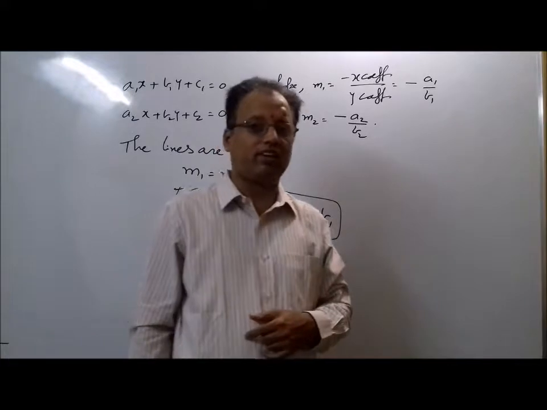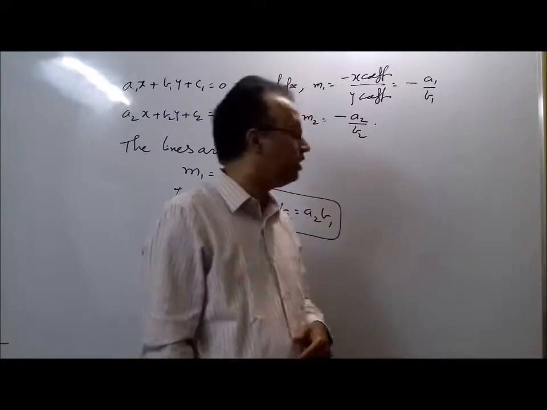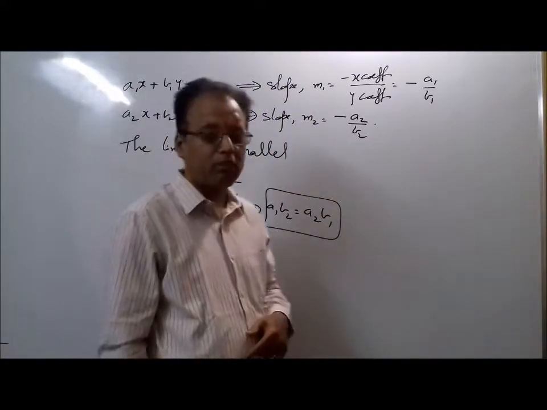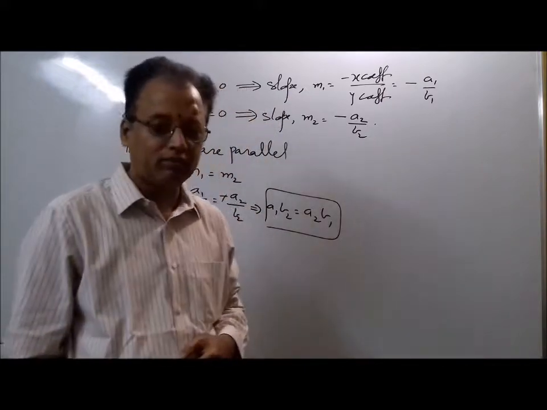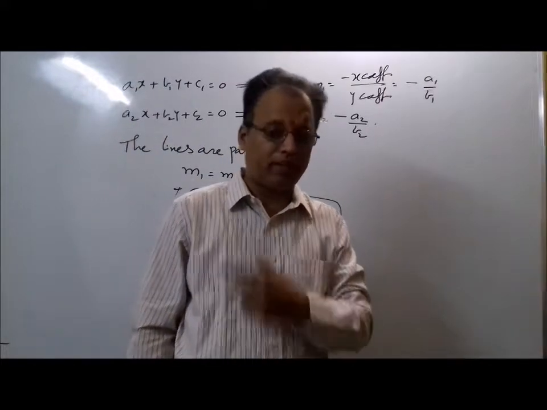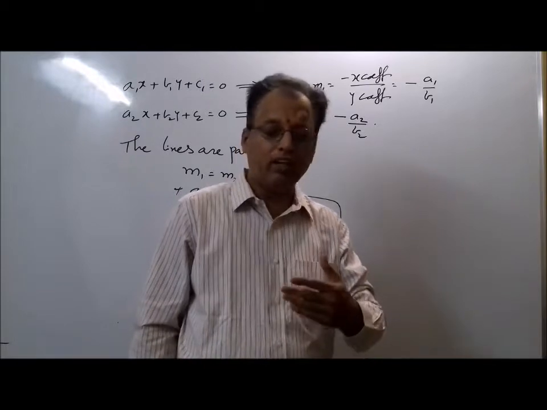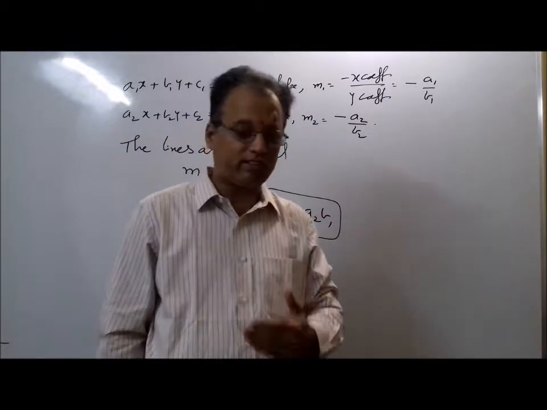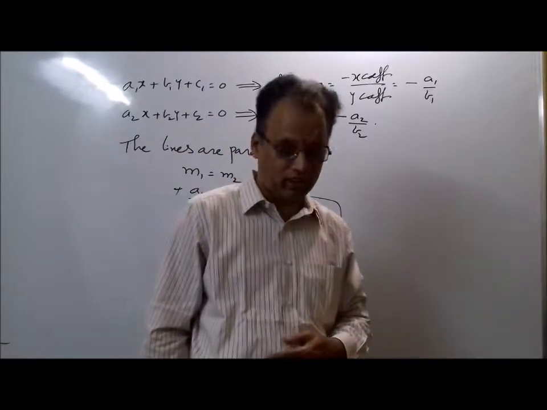So today we discuss in the general form what is the condition for parallel lines and what is the condition for perpendicular lines, and moreover the symmetric form also, and the problems based on that.